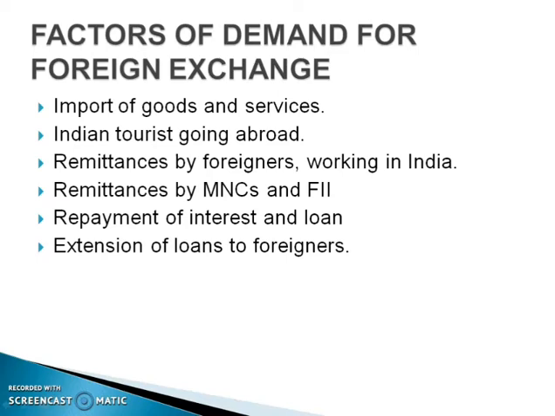What is FII? Foreign institutional investments. Whenever multinationals or foreign institutional investors earn any profit, dividends or gain from the stock exchange, they send it back to their parent company or home economy, giving rise to demand for foreign exchange.